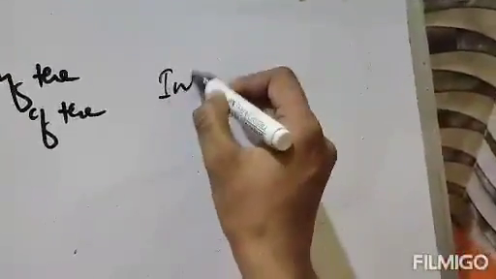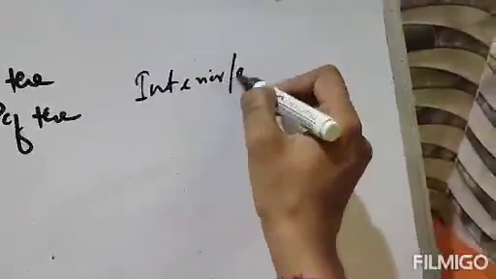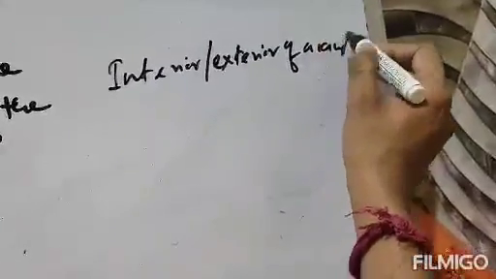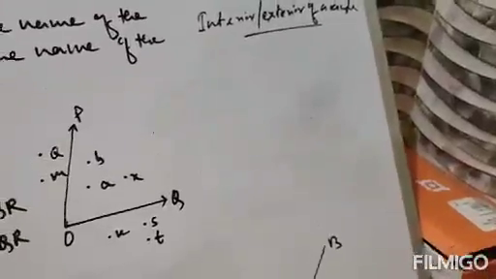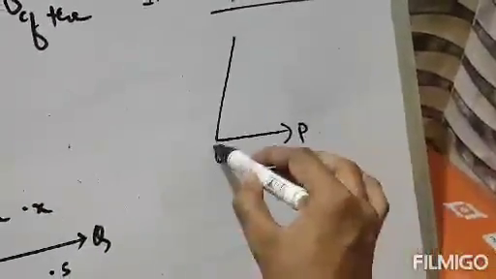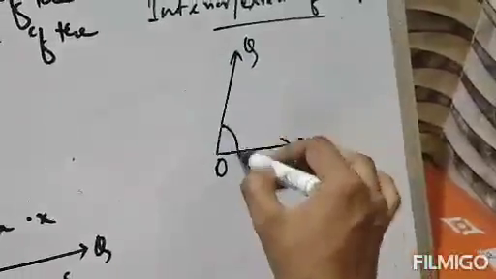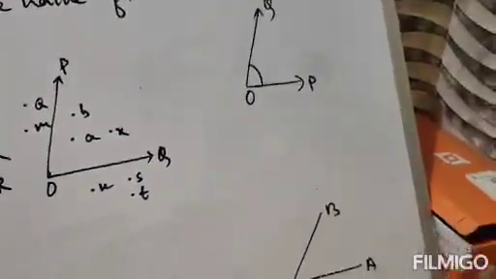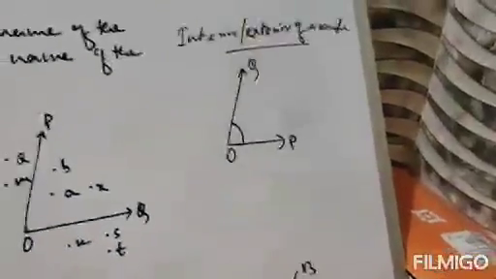Next, interior and exterior of an angle. What is the interior and what is the exterior of an angle? Now suppose this is the angle POQ. Interior of an angle means the region that lies within the angle.